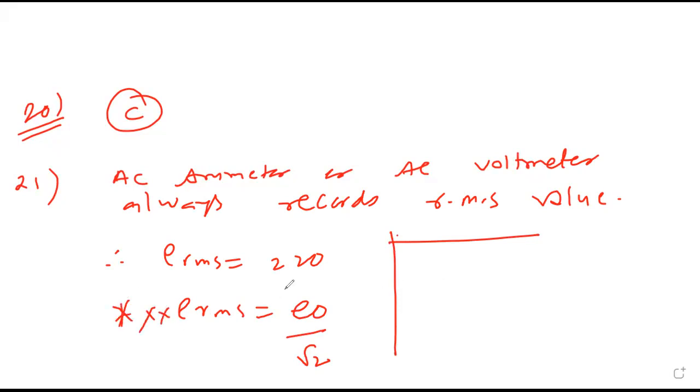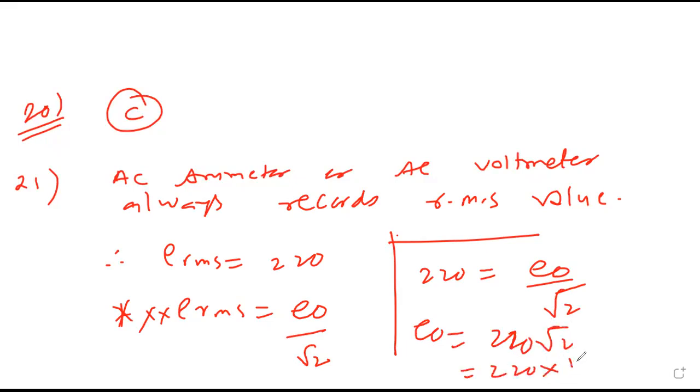So 220 is equal to peak value E0 upon root 2. That means E0 is 220 root 2. So 220 into 1.414. 22 into 4 is 88. Carry 8. 22 and 8 is 30.